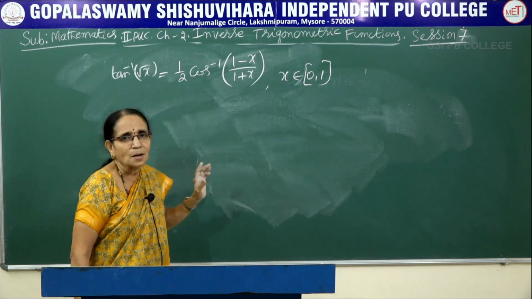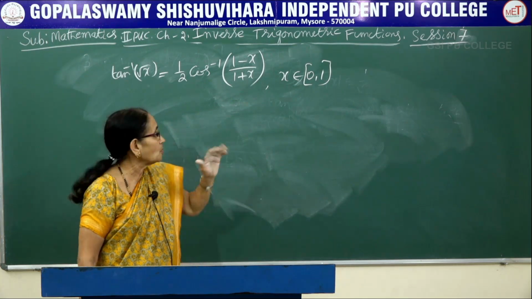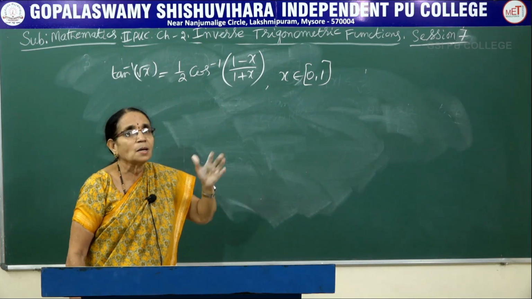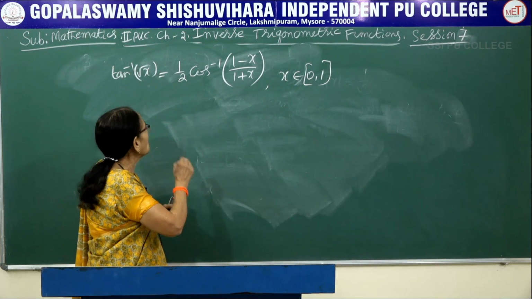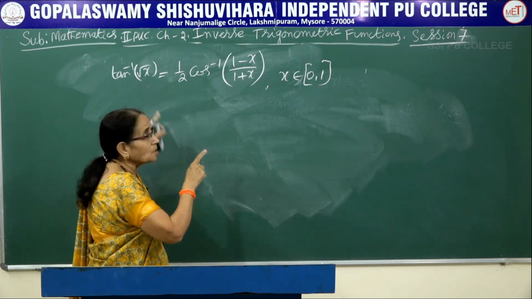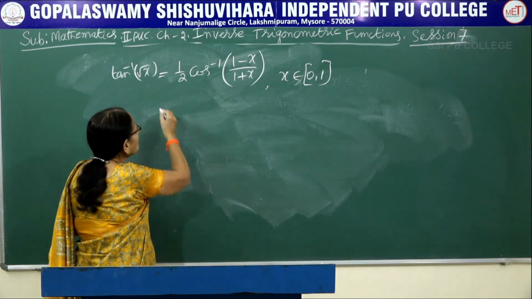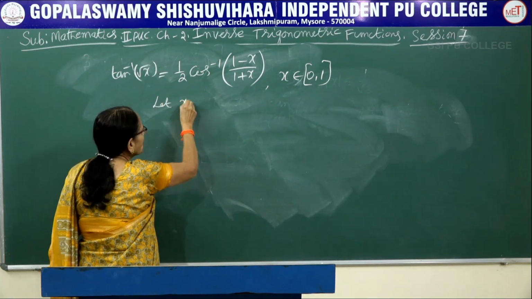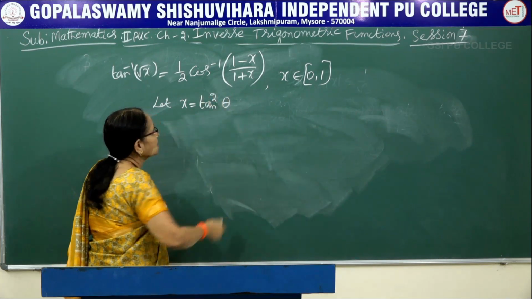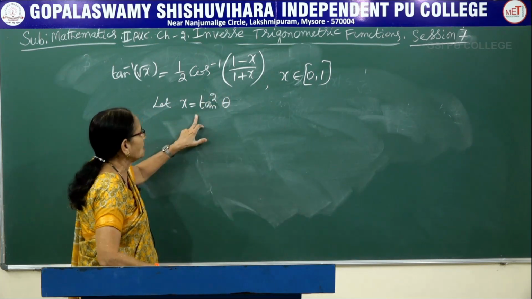On the left hand side, I have a radical function, a root of some function. First let me try to eliminate that. To eliminate it, I have to make an assumption for x in such a way that the root sign can be eliminated. So let x be equal to tan square theta.